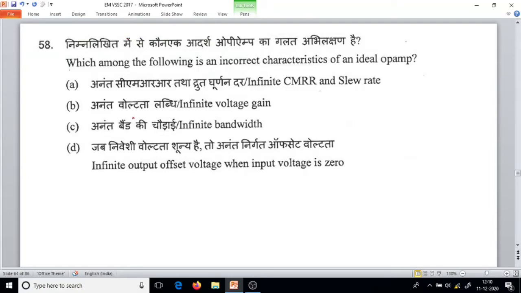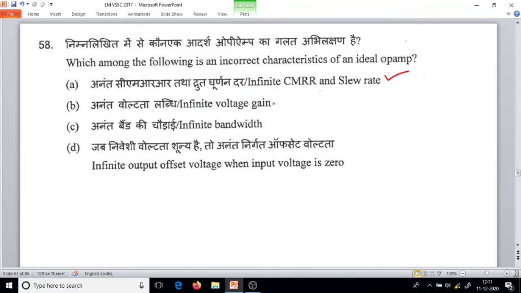Question number 58. Which among the following is an incorrect characteristic of an ideal op amp? An ideal op amp should have infinite common mode rejection ratio and slew rate. So this is correct.